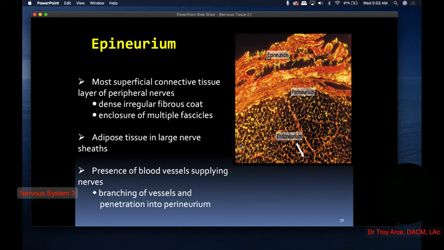Epineurium is the most superficial connective tissue layer of the peripheral nerves. It consists of a dense, irregular fibrous coat and enclosure of multiple fascicles, adipose tissue and large nerve sheaths, and the presence of blood vessels supplying nerves, and a branching of vessels and penetration into the perineurium.